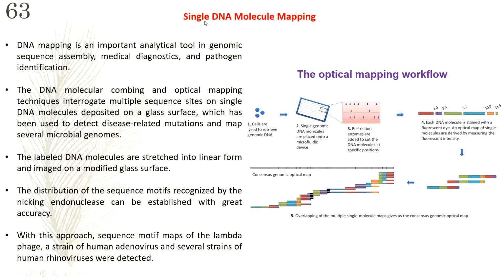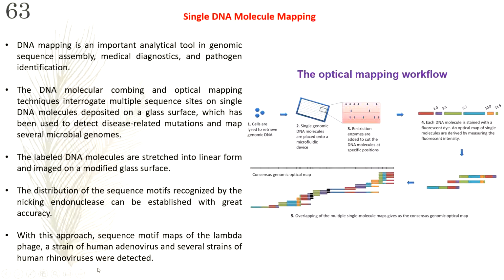With this approach, people have already constructed a sequence motif map of lambda phage. They also used this to develop a map of a strain of human adenovirus and several strains of rhinovirus.